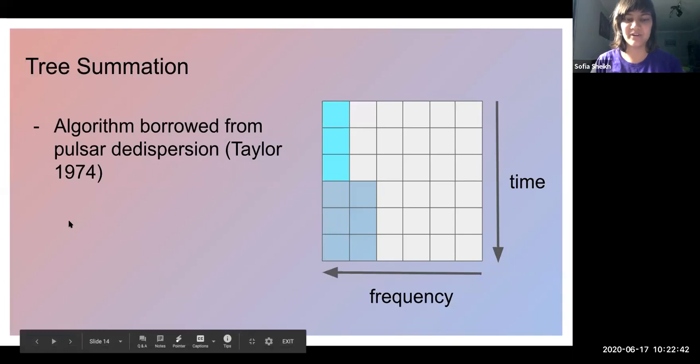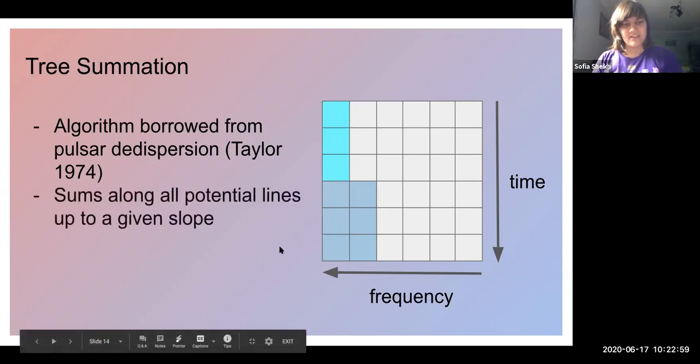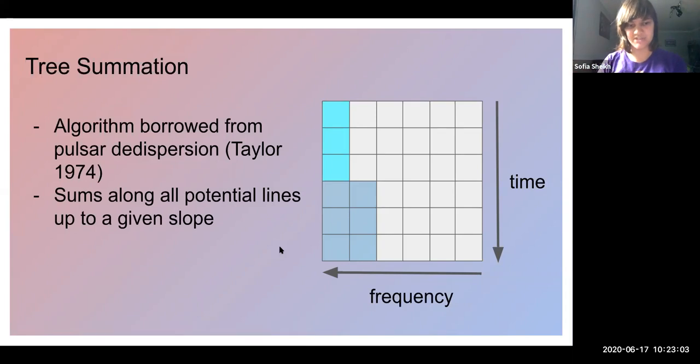And in order to find those parabolas in data, you need to be able to search a lot of different curves with a lot of different input coefficients. So it's a slightly more complicated version of the same problem. In our case, we're just doing lines. We don't need any extra coefficients. So tree summation will sum along all potential lines up to some given slope.